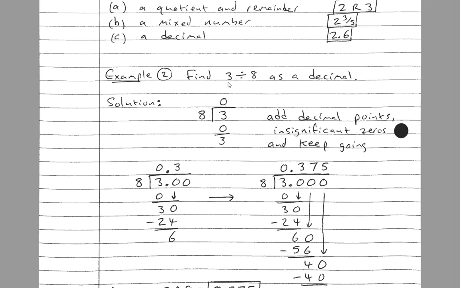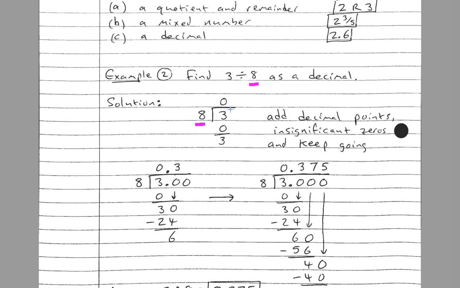Example 2, find 3 divided by 8 as a decimal. Here we want a decimal answer. We're dividing by 8 this time, and the 8 goes on the outside, the number you're dividing by. So it's 8 into 3.